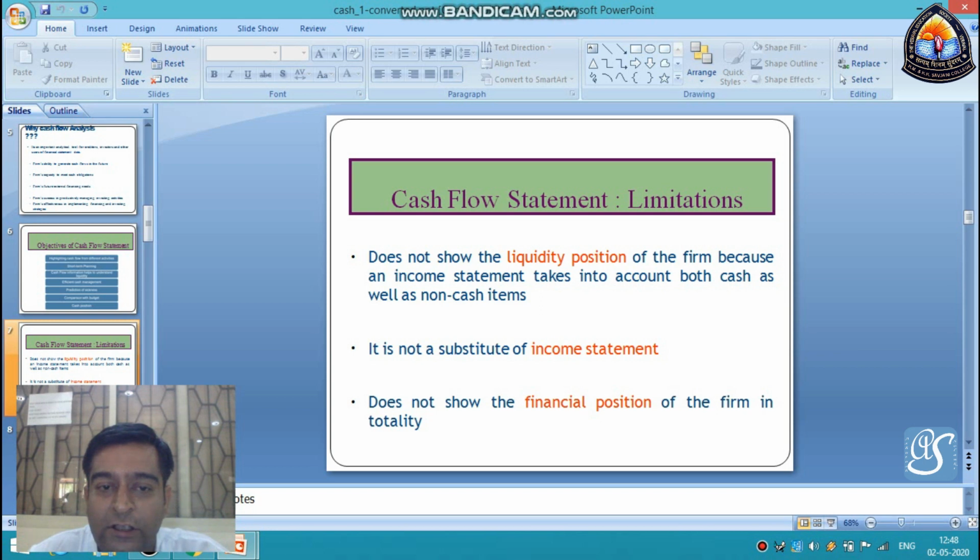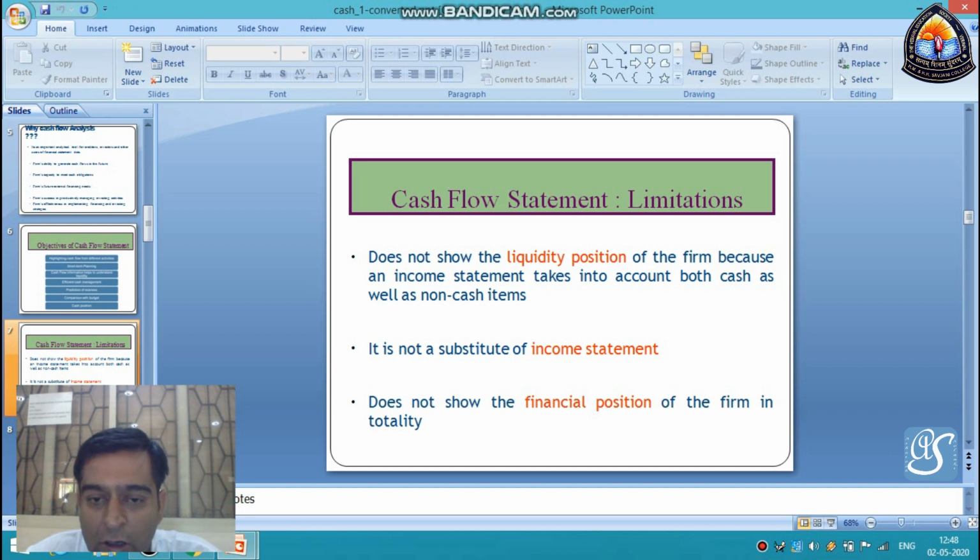Now, as we know, some limitations of the cash flow statement are also there. It does not show the liquid position of the firm, because an income statement takes into account both cash as well as non-cash items. Cash is the lifeblood of business, but the cash flow statement only uses previous data.